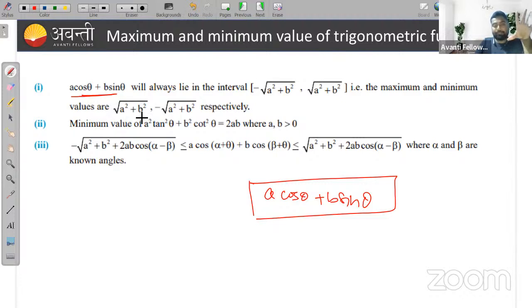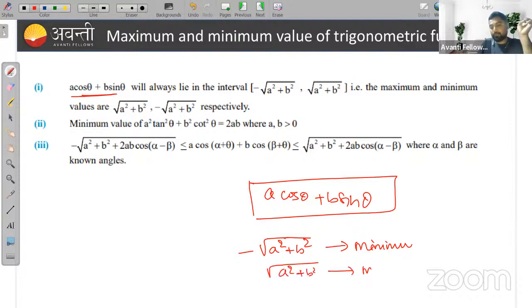What is that? Minus under root of a square plus b square is the minimum. Sorry, that will be the minimum, and under root of a square plus b square will be the maximum of the above expression, when the expression is in the form a cos theta plus b sin theta.